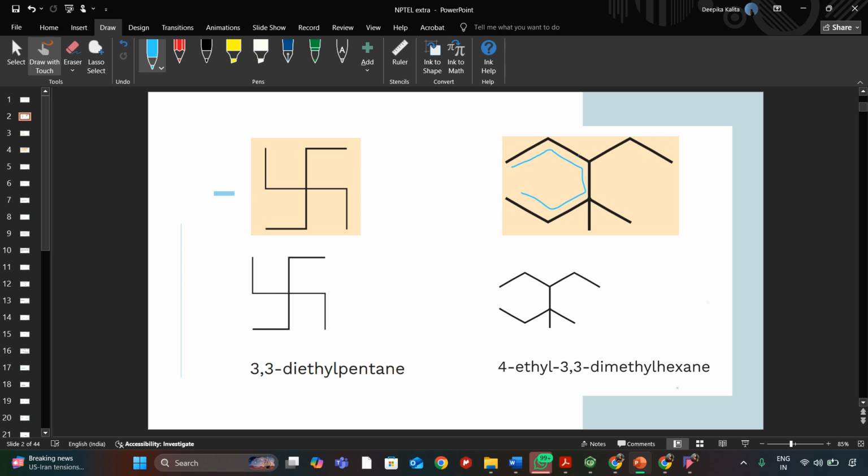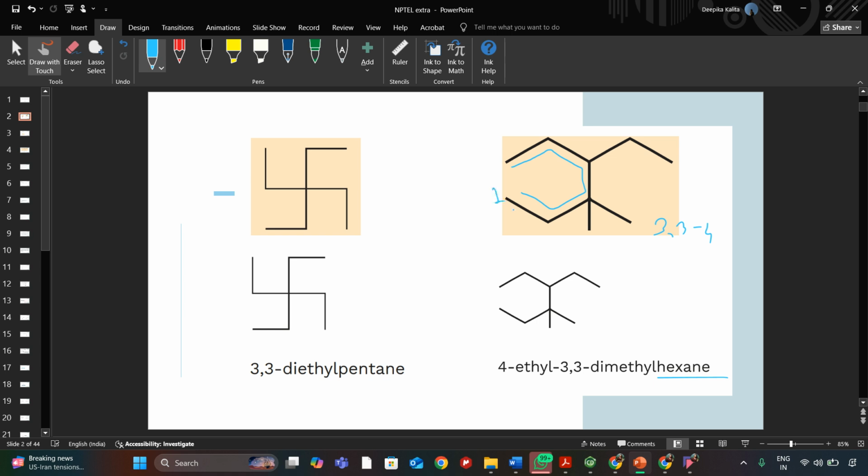Hence the name will contain hexane. Okay, now we are going to place the substituents. So if we count from here, we will have 3, 3 and 4. But if we count from here, we will have 3, 4 and 4. So 3, 3 and 4 is lower. Hence, we are going to start the naming from this position.